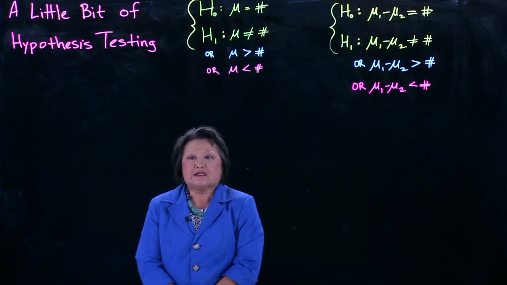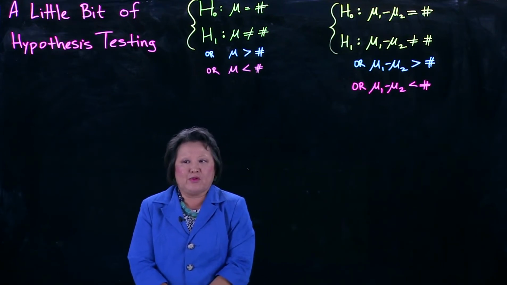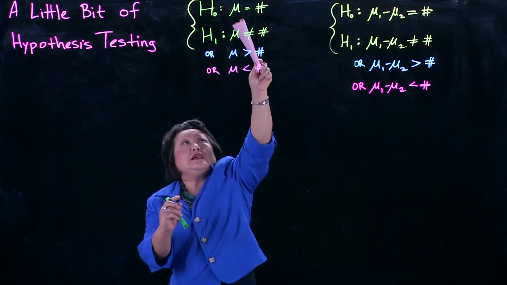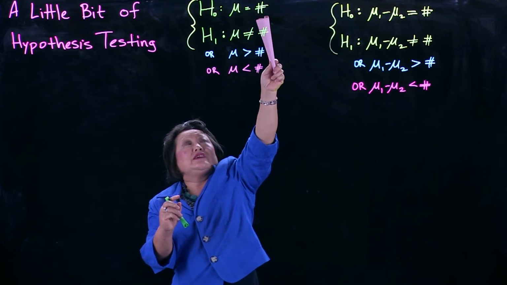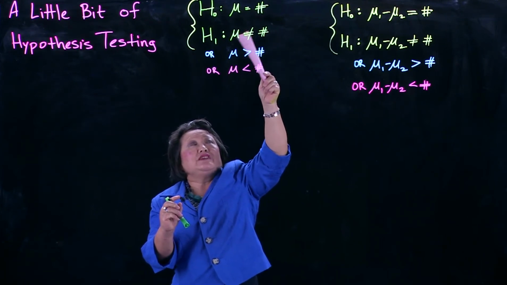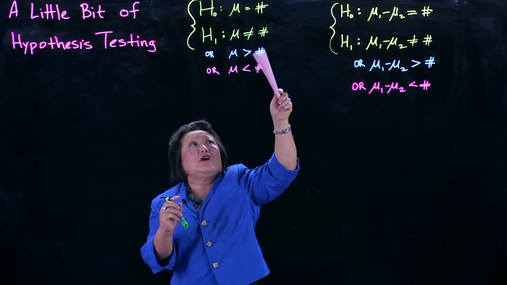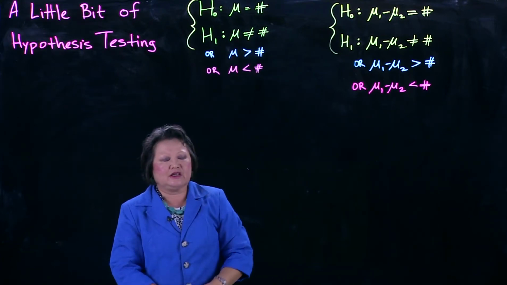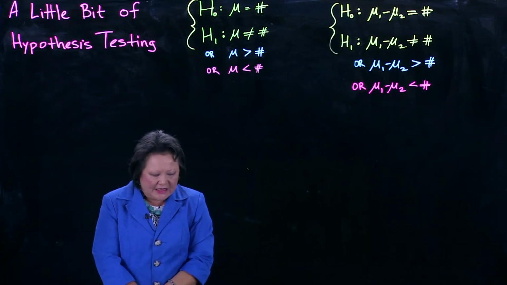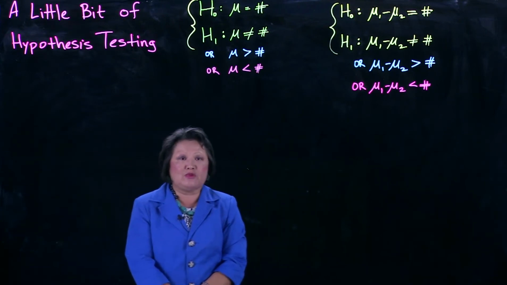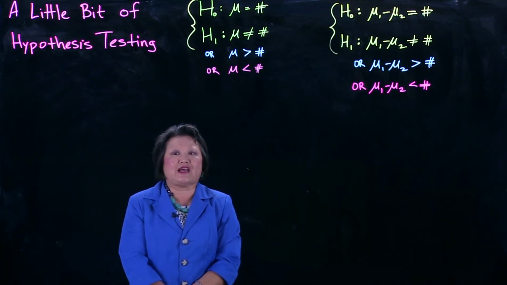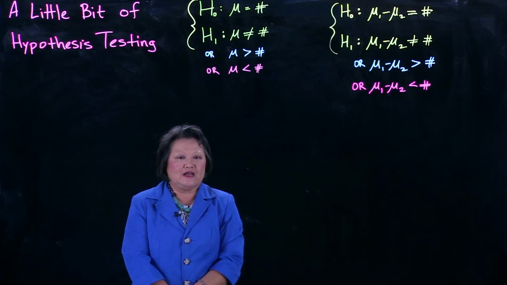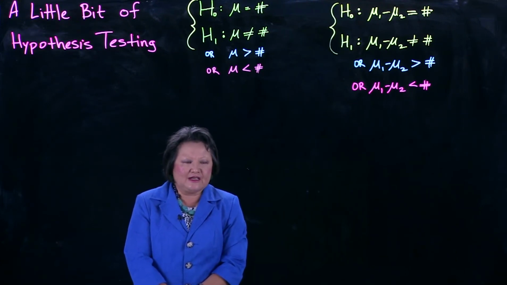Or data does not support the claim that the engine parts longevity is this. Rather, it supports the claim that it's larger than, suppose this is your thing, you accept this, or smaller, whatever the H1 you stated. So again, the English equivalent you want to put in your report based on your hypothesis is that sampling data supports a claim that.